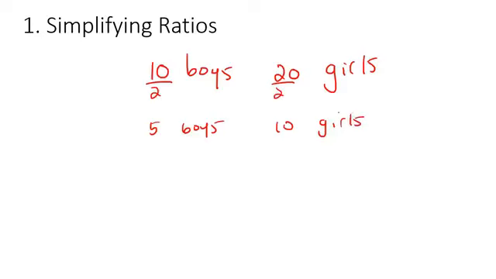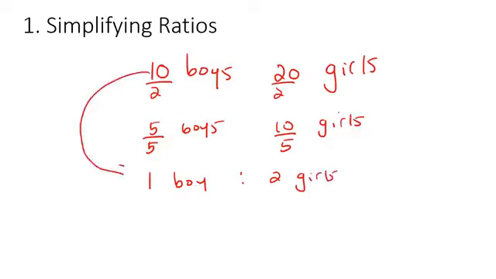Now, could you divide that any smaller? What number could you divide both of these with? Well, we could divide both of these by the number 5. If you divide both of them by 5, then this gives you 1 boy and 2 girls. And then you cannot go any simpler. That is the simplest that you could have gone. Of course, you could have gone straight from here to here if you knew that the number 10 could go into both, but it doesn't matter if you want to go in small little steps as you go along.